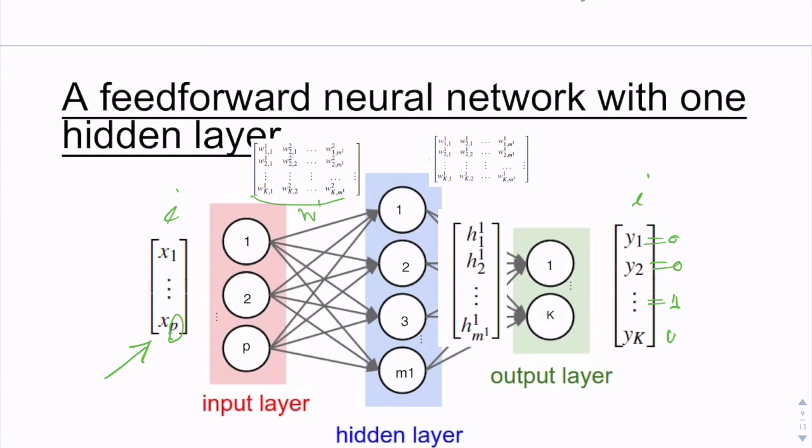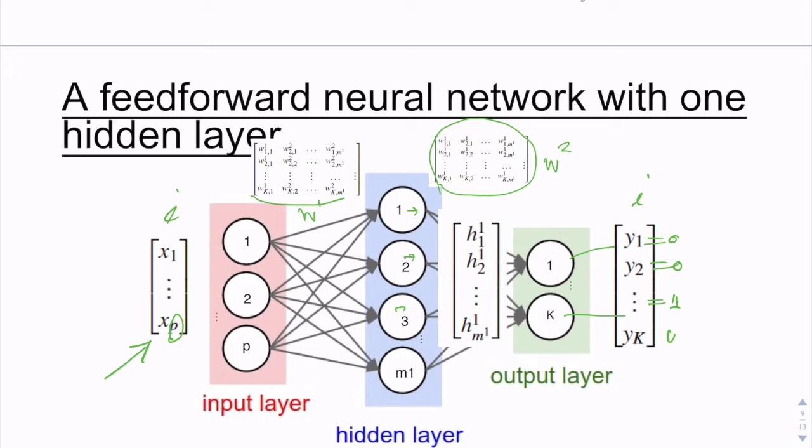Then we apply the nonlinear functions, and we get H1. Then we multiply by another matrix, W2, and we apply the softmax to each unit of the output layer to get the output. So the entire neural network consists of linear matrix transformations, nonlinear activation functions, and for the output layer we use the softmax function.